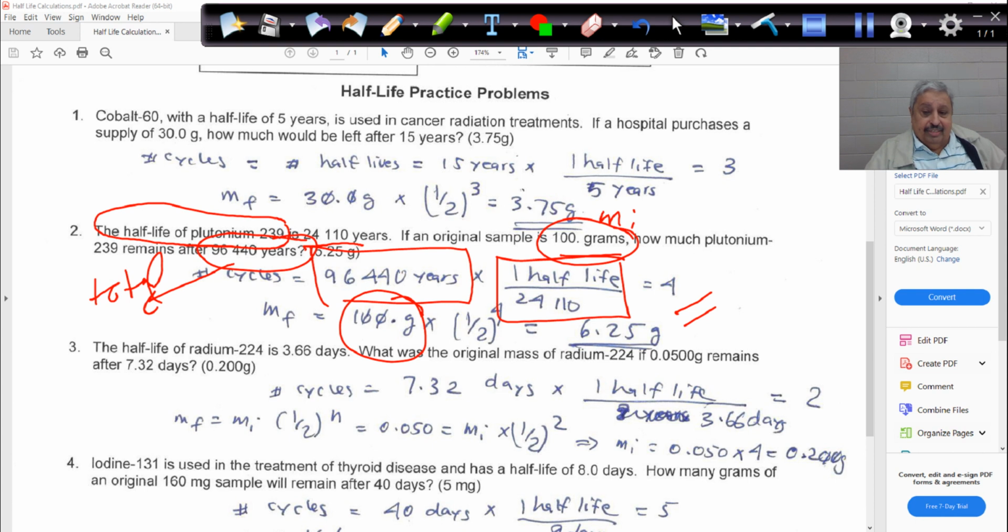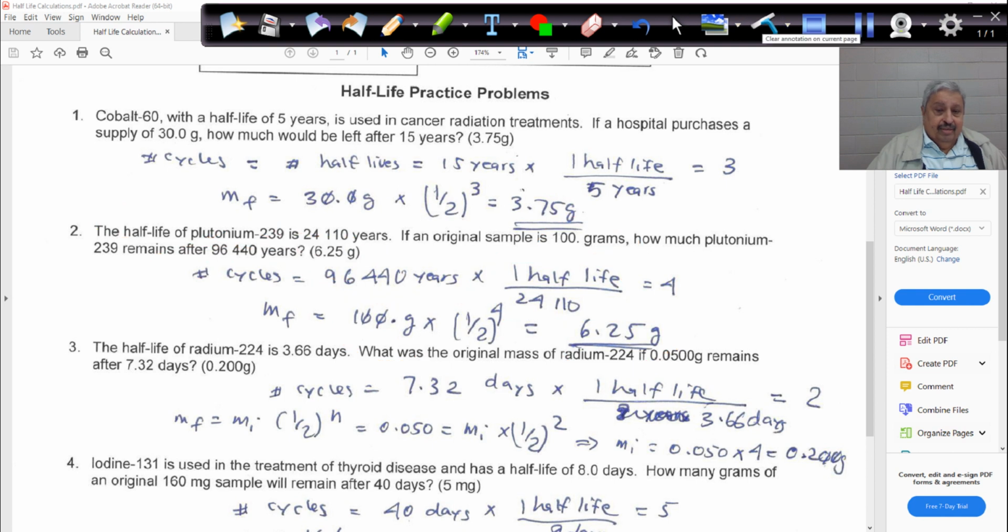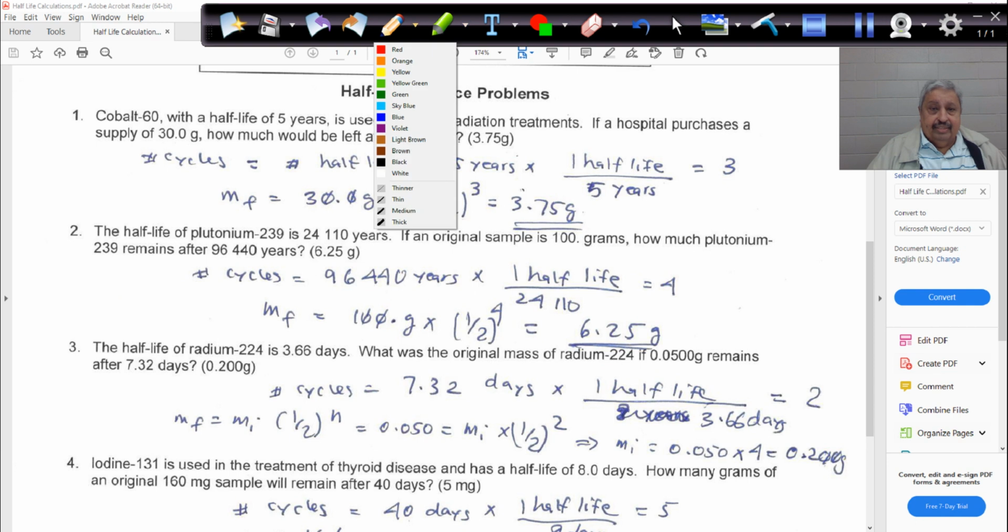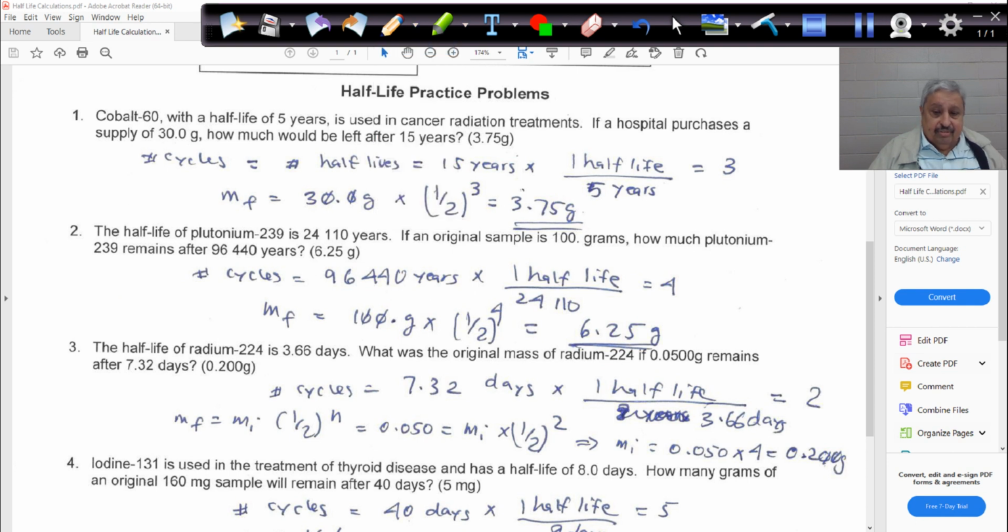You do the calculation, and it came out to be 6.25. And this is the same answer the original author got. So if you look, this is the author here, 6.25, and we got the same answer.